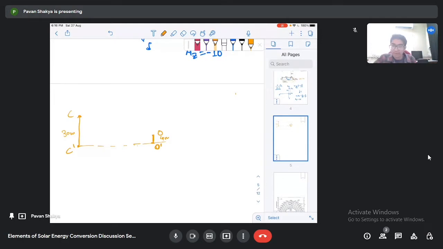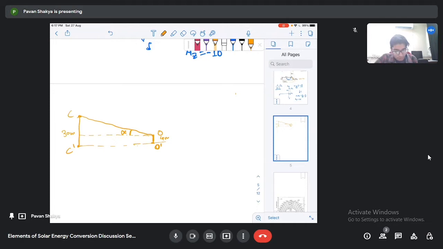Now we have to calculate the altitude angle. If you connect this OC and project it on the horizontal plane, this angle will be the altitude angle. I expect that you have already gone through all the lectures delivered by the professor, so you will be aware that the altitude angle is the angle between the sun ray and its projection on the horizontal plane.